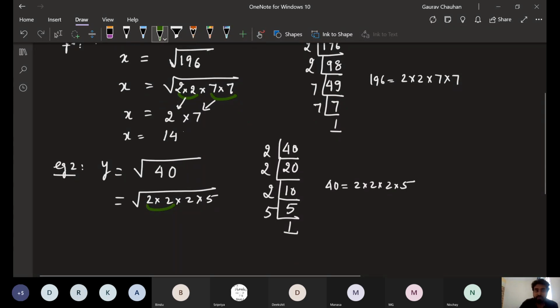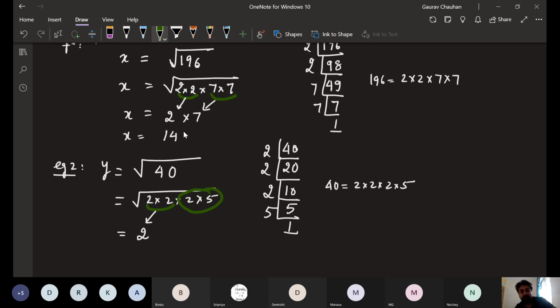So I pull the pair out of the root, I write it outside the root. The remaining thing, since there is no pair being formed, I cannot take outside this root symbol. I'm going to touch upon the reason in a bit.